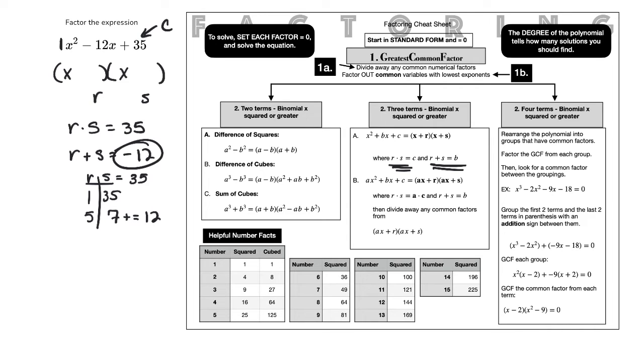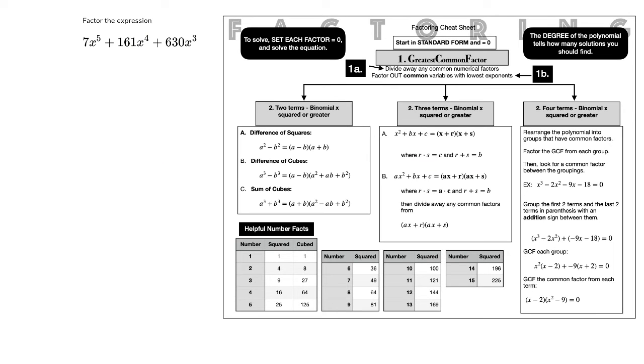Now, the middle term is a negative 12, so if we make these both negative, they add up to negative 12, and they multiply still to a positive 35. So it's minus 5 and minus 7. We don't have to solve these or do anything with them. We are done right there. The problem is just factor it, and now it's factored. x minus 5 times x minus 7 is the factorization for x squared minus 12x plus 35.